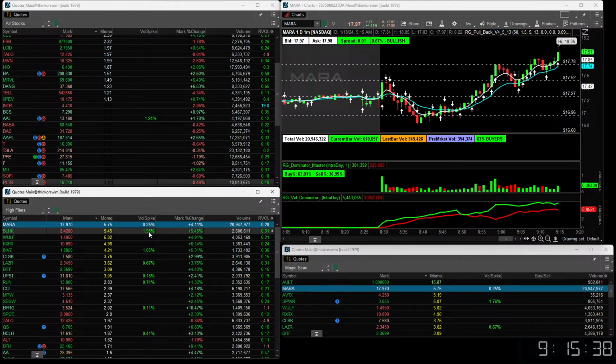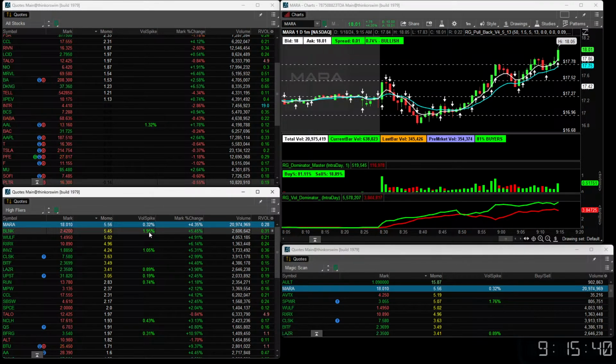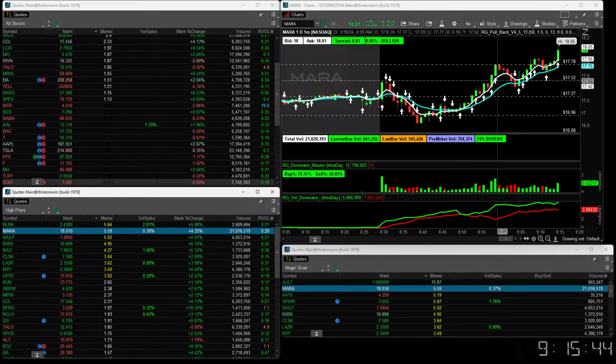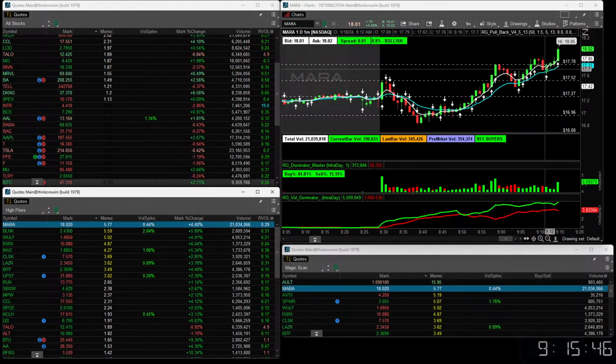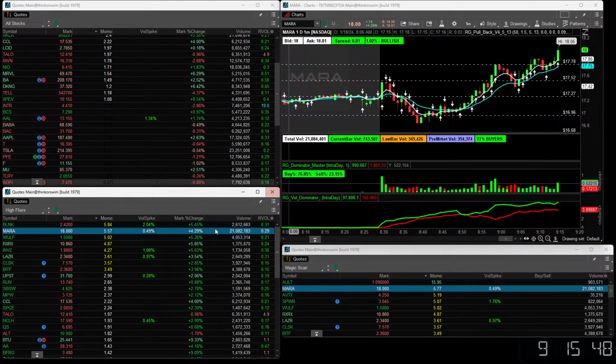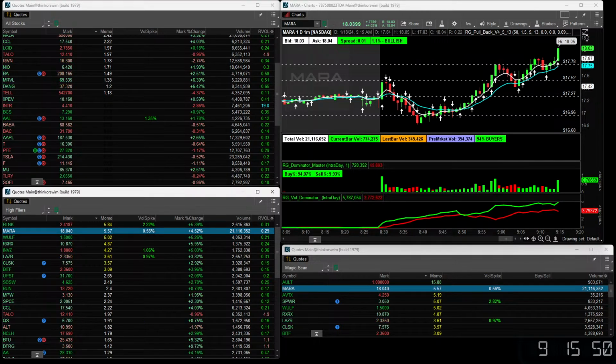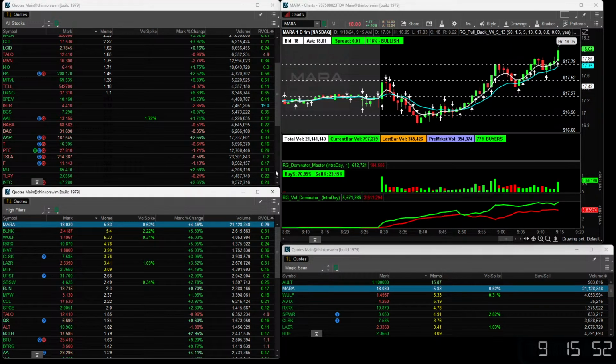Nice moves on Mara on that candle. But the entry was back here on this red one, not on this big tall green one. Need to wait on a pullback to get in it.